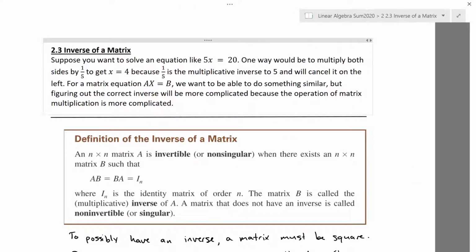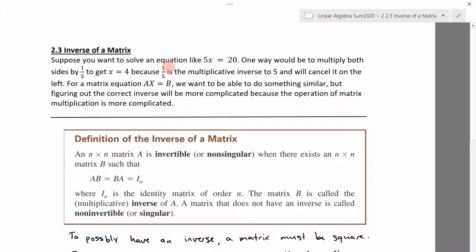In this video, we'll talk about the inverse of a matrix. So first of all, suppose you have a real number equation like 5x equals 20. One way to solve an equation like this would be first to multiply both sides by 1/5, because we want to cancel out the multiple of 5.